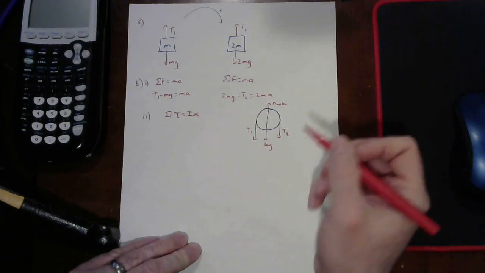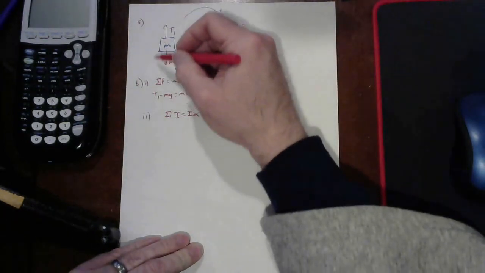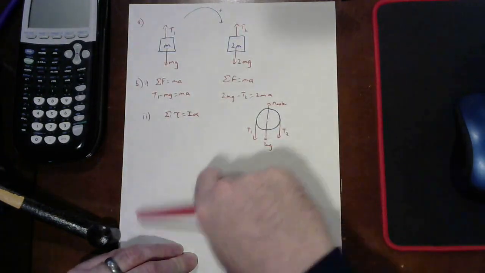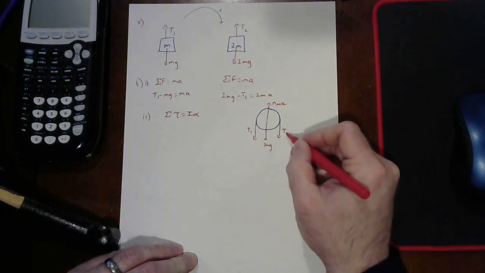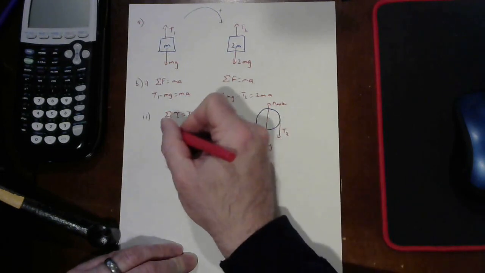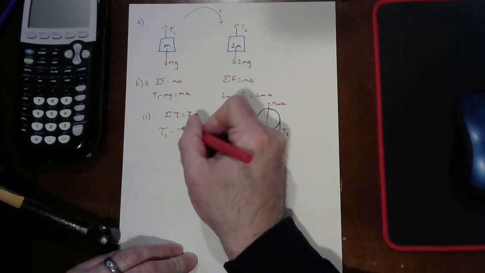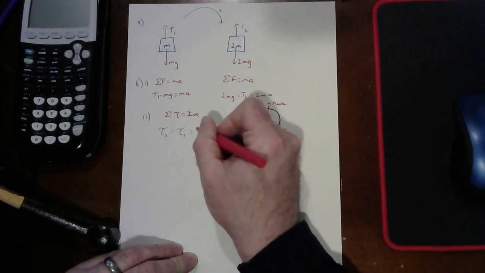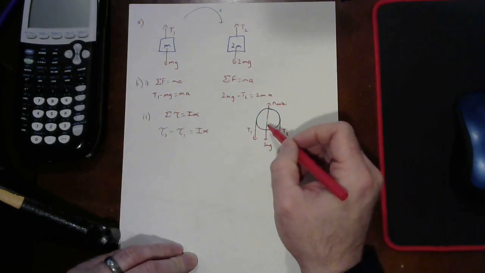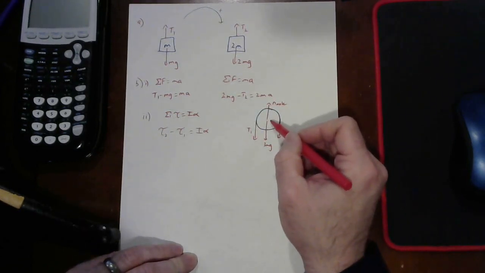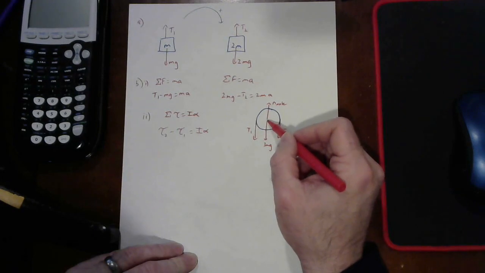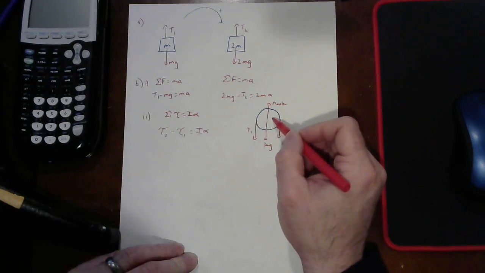And we want to do a sum of the torques. So again, we're going to call over the top this way positive torques. So it'd be the torque caused by T2 minus the torque caused by T1 is I alpha. You say, what about these two forces? They're not going to exert torques because they're acting at the axis of rotation, so they have no lever arm.